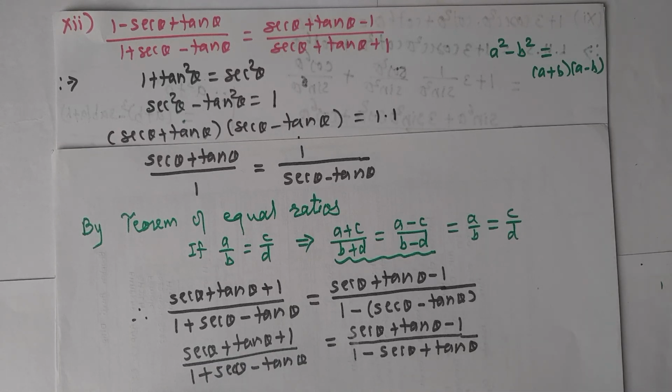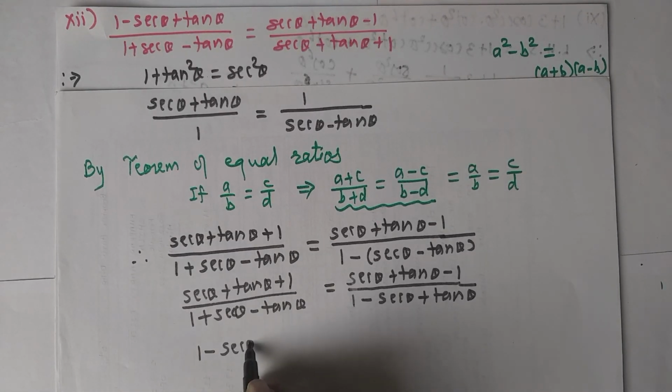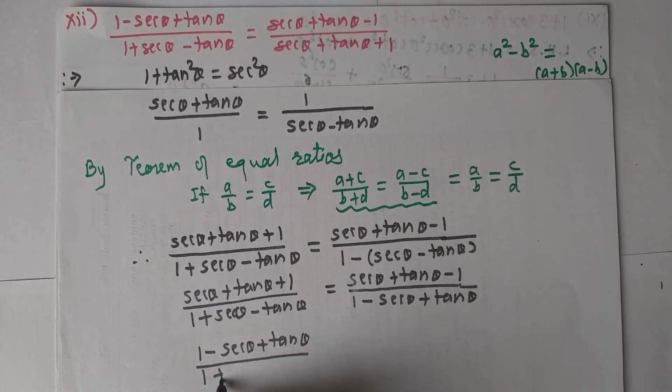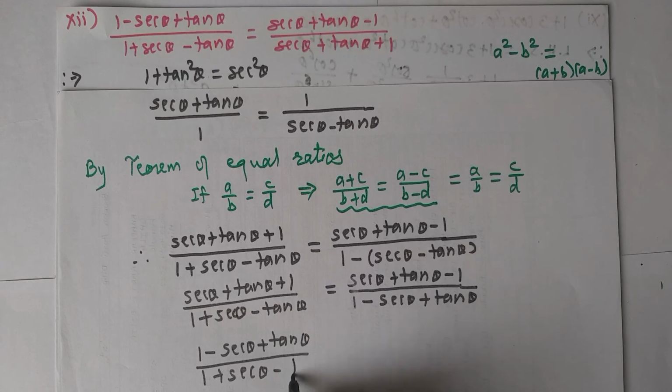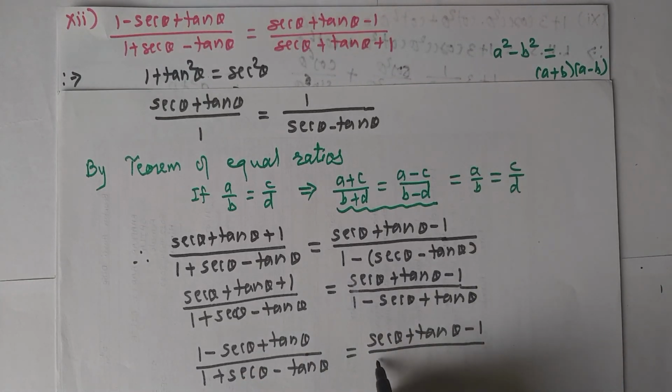I will get the required identity. This will be 1 minus sec theta plus tan theta divided by 1 plus sec theta minus tan theta as it is, and this is equal to, keep this term as it is again, sec theta plus tan theta minus 1, and this term comes in the denominator.